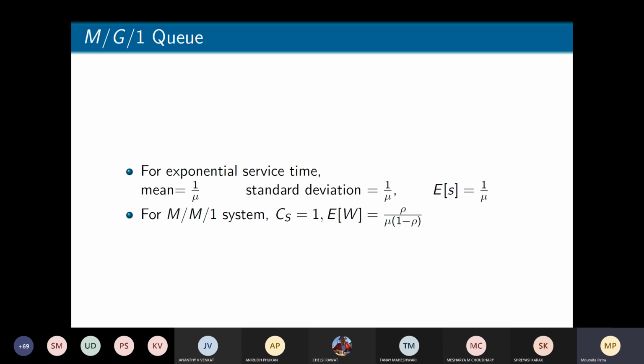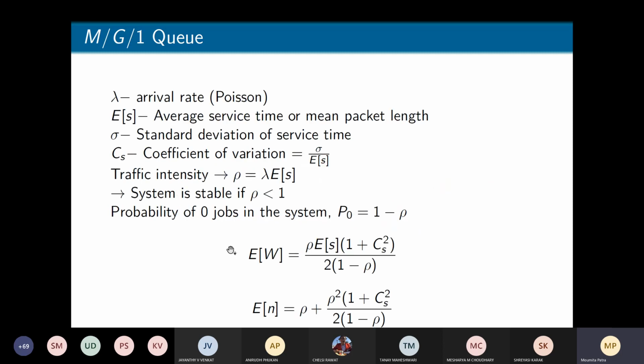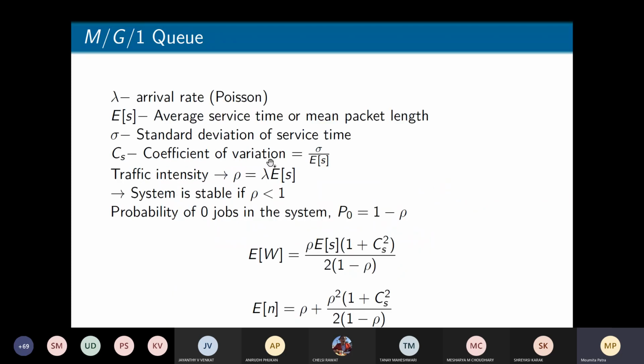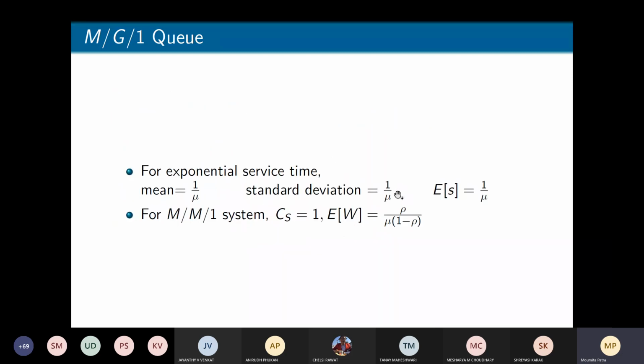If you put these values in EW, you will get EW as rho by mu times (1 minus rho), because CS, the coefficient of variation, which is equal to sigma by E of S, becomes 1 since both have the value 1 upon mu. So you get the MM1 system with exponential service time, which is equal to rho by mu times (1 minus rho).